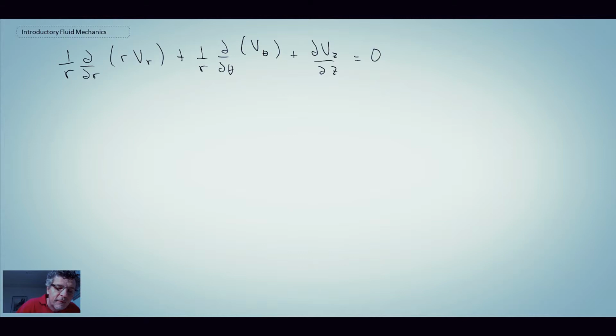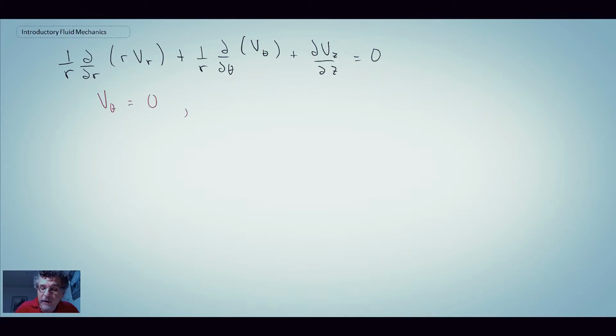Now we were told for the problem that v theta equals 0. And this is one-dimensional radial flow. What one-dimensional radial flow implies is that the flow is only going in one direction.